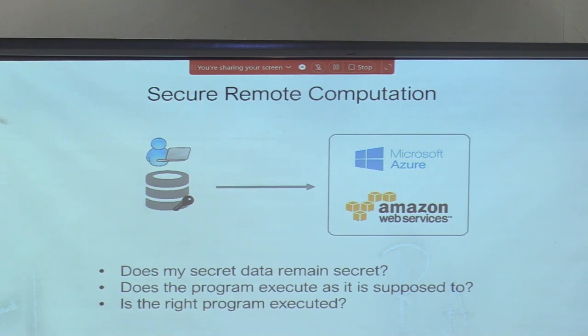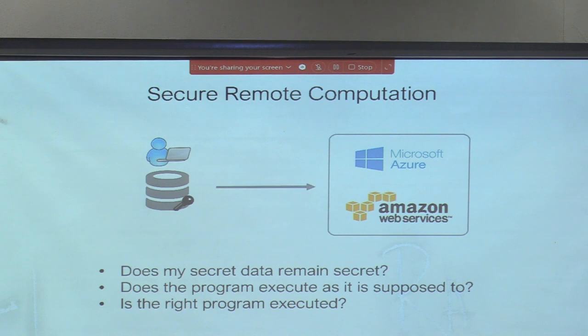Now, if you imagine an application like that, you are sending over your own data, some of it may be public, some of it might be private, over to this application running in the cloud, and it has to compute your taxes accurately, right? And maybe there are different types of software you can pay for, and you paid for something and you want to make sure it does the right thing.